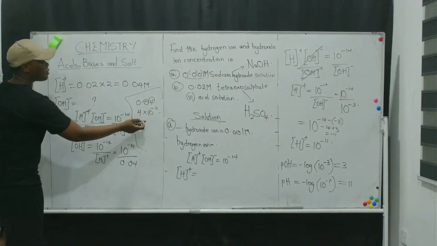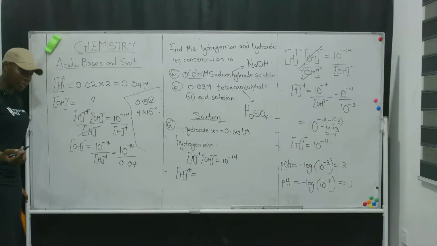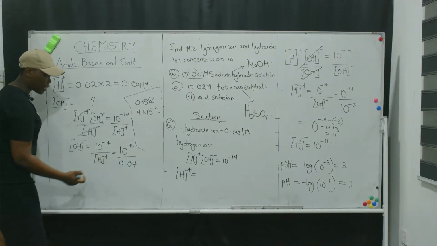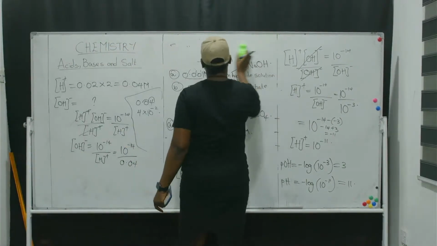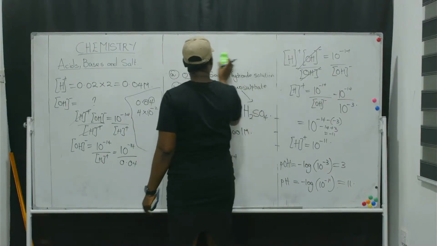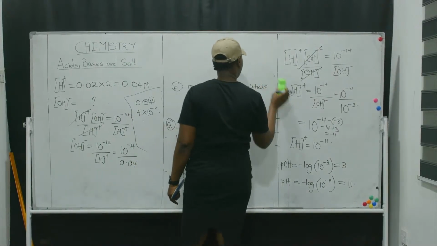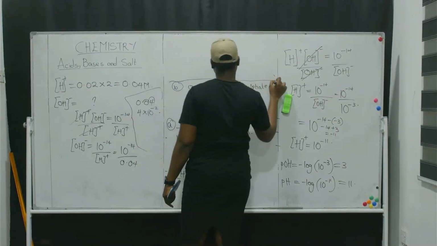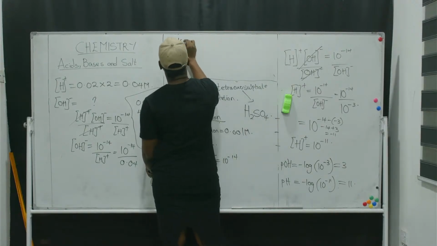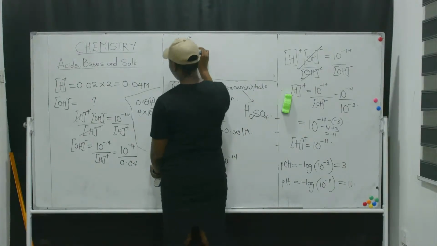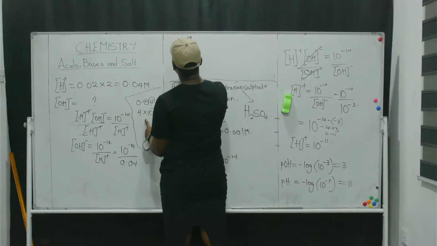I'm doing all of this in case you don't have a calculator to yourself. What I want to write now, let me clean this upper part, will be 10 raised to power minus 14 divided by this 4 times 10 raised to power minus 2.